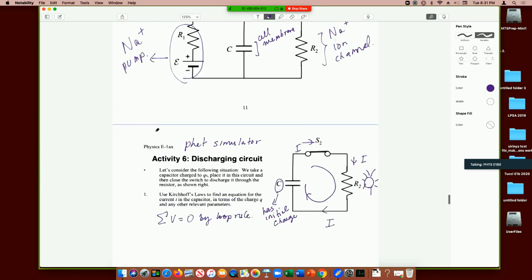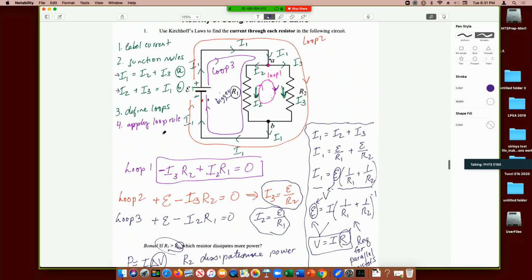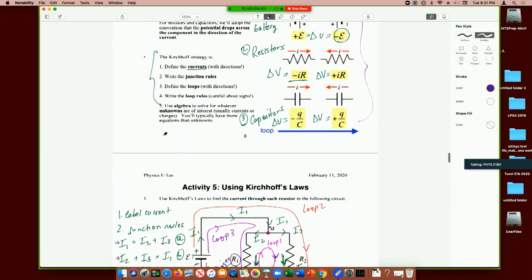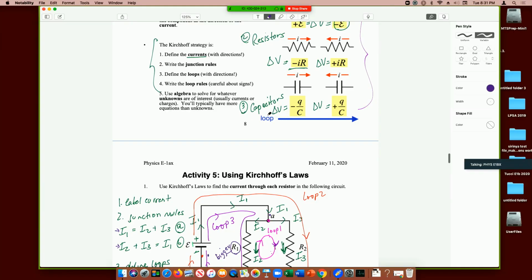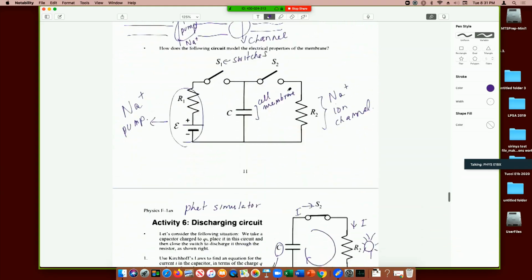Let's look back at that page, all the way back here. If my loop is going in the same direction as my current, then the potential drop, or the potential change, is negative Q over C. So that's what I'm going to start with here.